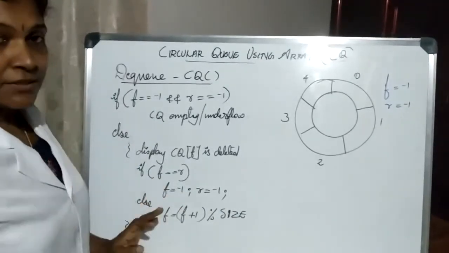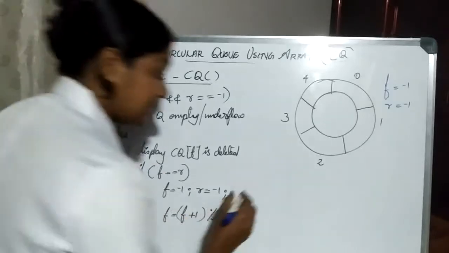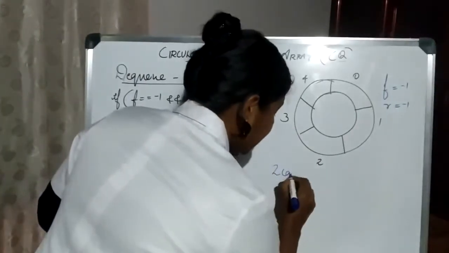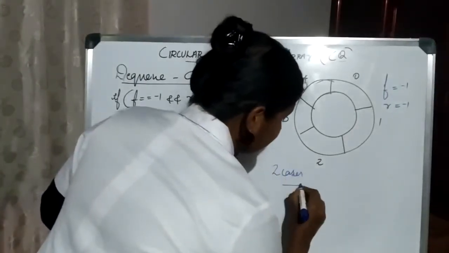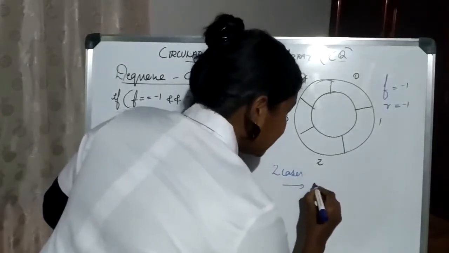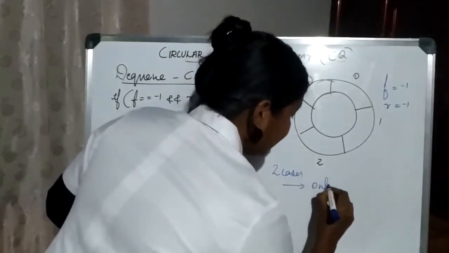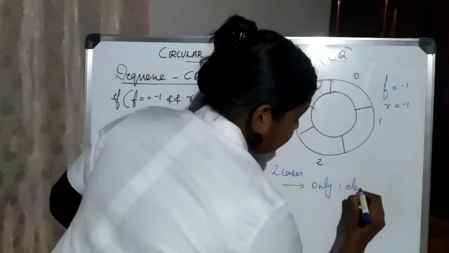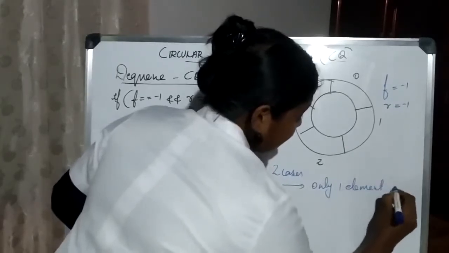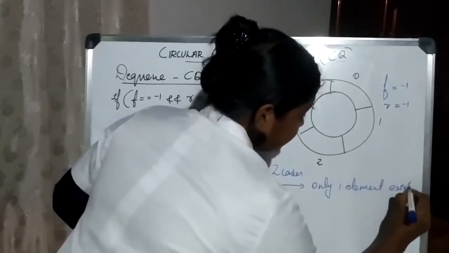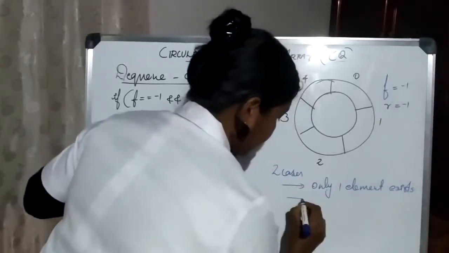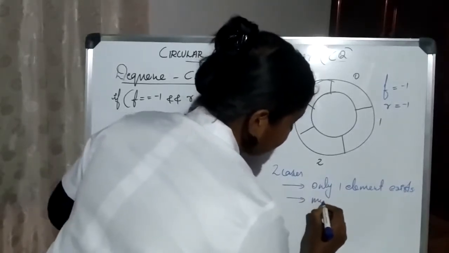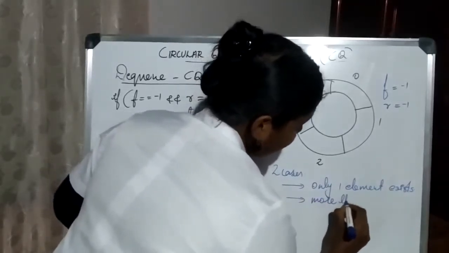So if DQ is possible, then again there are two cases. Which are the two cases? First case is only one element exists. And the next case is more than one element.